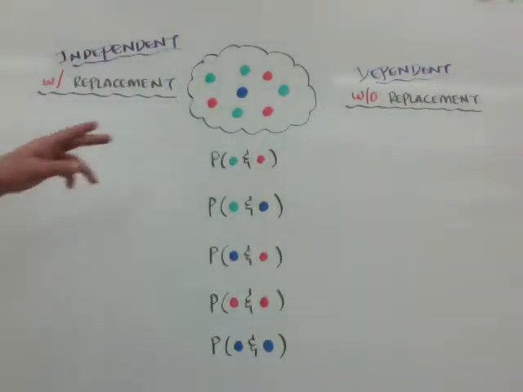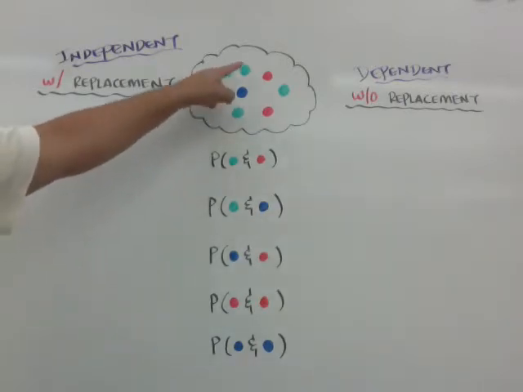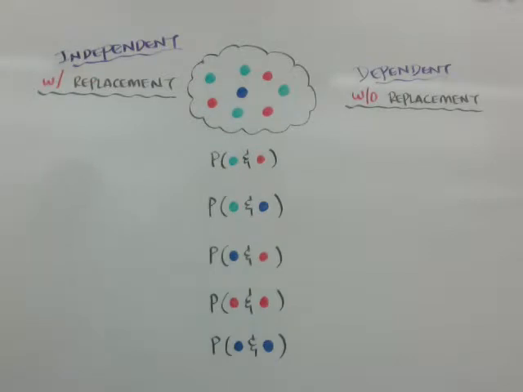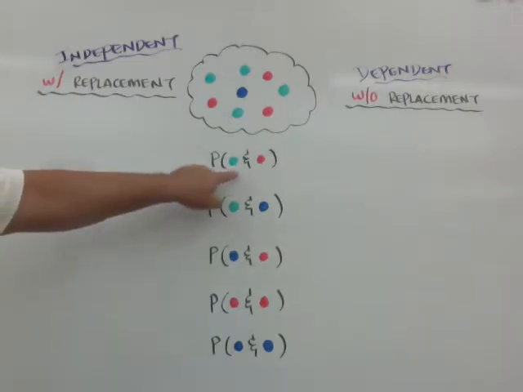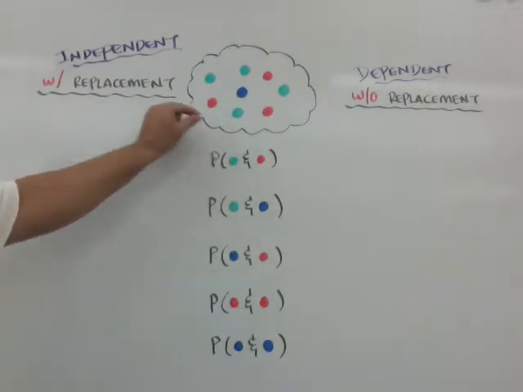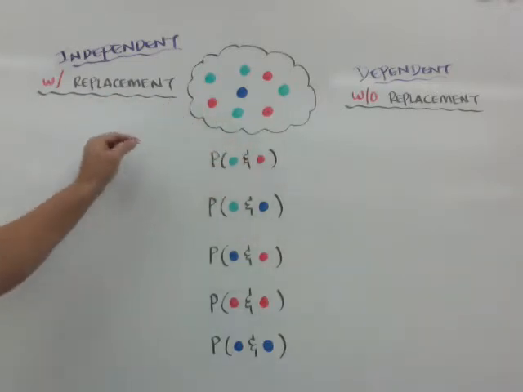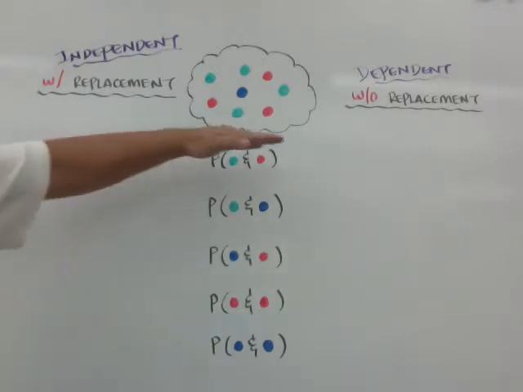So if I have a bag of 8 marbles here, there's 1 blue one, 4 greens, and 3 reds. I tried to color code it for you. So the probability of pulling a green marble out first and then a red, I'll show you how to do it with replacement and then without.